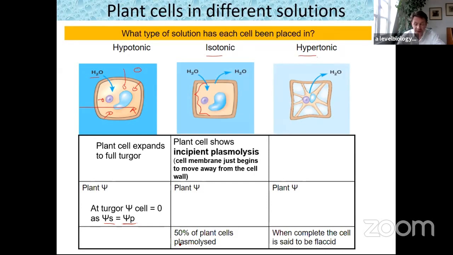So 50% of the plant cells are plasmolysed and 50% of them will be turgid. Now, in a hypertonic solution, the water leaves, so the volume of the cytoplasm reduces. And at that point, there's no pressure from the cell wall back onto the cell contents. The cell is flaccid and psi P is 0.